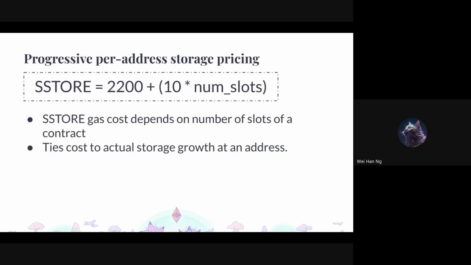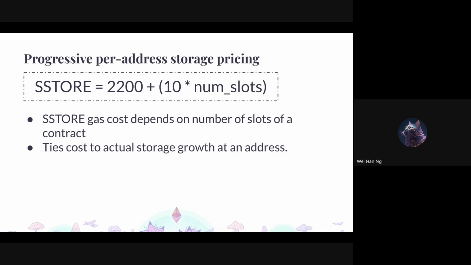Right. So the next idea that we had is something called progressive per address storage pricing. I think the gist of it is that a contract can have an unlimited number of slots, right? And all of the slots have the same price, the same gas cost.